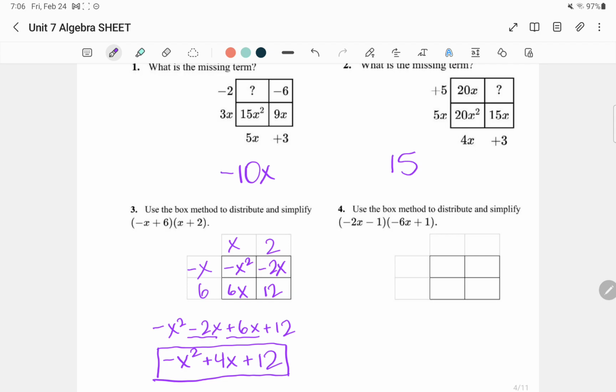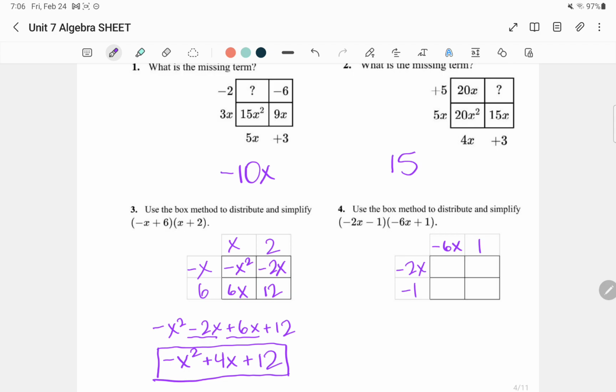So why don't you go ahead and pause the video and try number 4 on your own. All right, let's go over number 4. So I'm going to put -2x minus 1 on the side. So -2x comes first, and then -1 comes in the next box. And then I'm going to break up my second binomial, which is -6x, and then that +1.